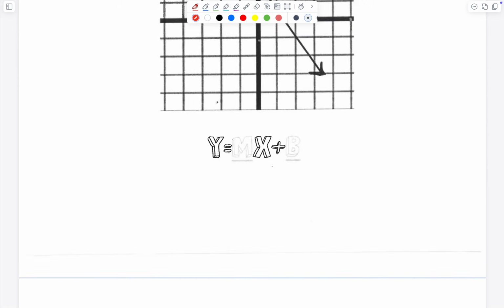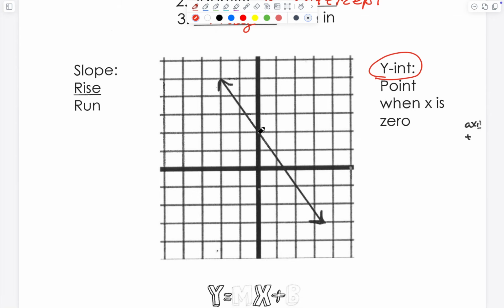So we have the y equals mx plus b down here. We need that m, we need that b. So if you recall, we've done this several different times. You've been able to find the y-intercept from a graph. We just find that place right here where it crosses the y-axis. And that is 2. So the y-intercept is 2. It's the point when x is 0.